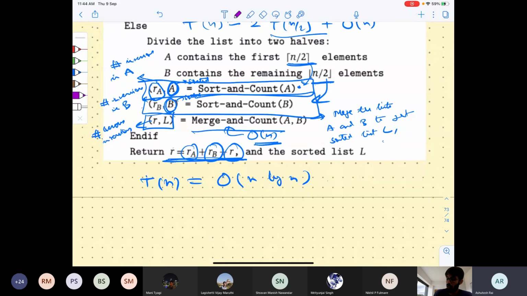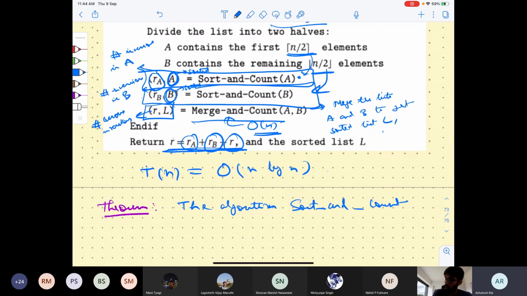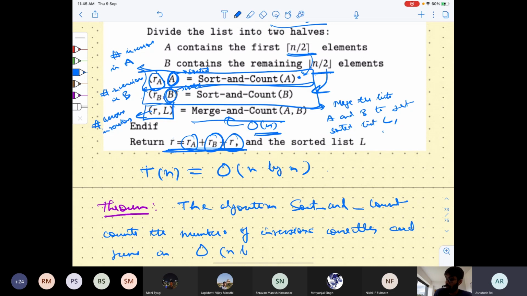So we get the theorem that the algorithm sort and count counts the number of inversions correctly and runs in order n log n time.